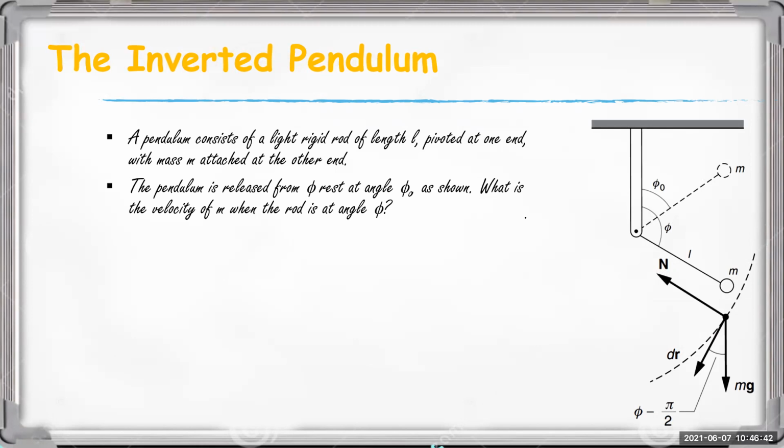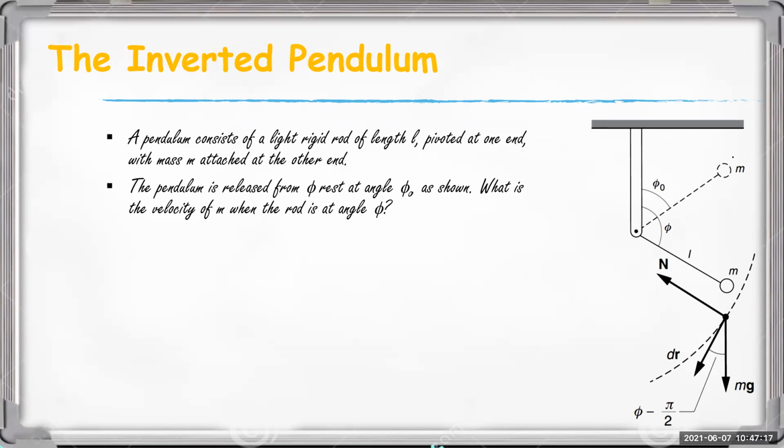Initially, the pendulum was at the point shown by dotted lines.